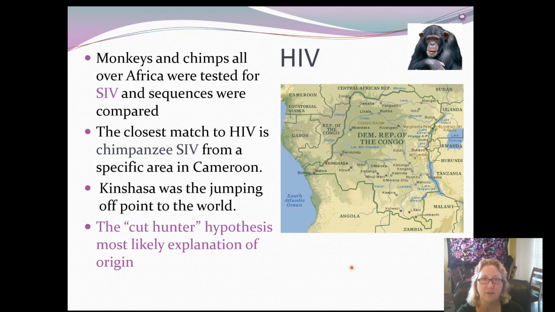And chimpanzees are very close to us. We're 98% similar from a DNA point of view, so that's not hard to imagine that something could jump that species barrier. There are many human viruses that can infect chimpanzees as well. So the cut hunter hypothesis is the most likely explanation. So sometime around 1908, somebody butchering a chimpanzee in Cameroon contracted the first human case of HIV-1.